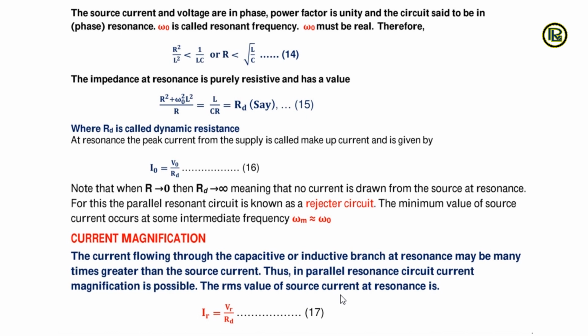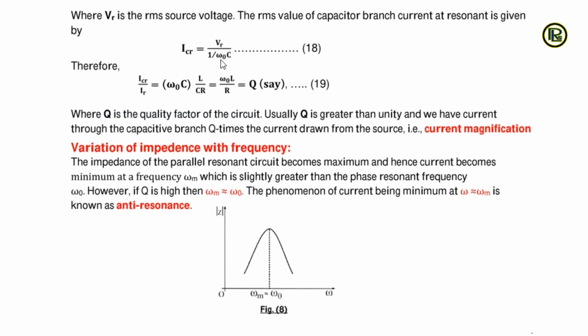The RMS value of capacitor branch current at resonance is given by ICR equal to VR upon 1 by omega naught C. Therefore, ICR by IR, that is the current in the capacitor branch upon the source current at resonance, is equal to Q, the quality factor of the circuit. Usually Q is greater than unity, and therefore we have current through the capacitor branch Q times the current drawn from the source, that is, we get a current magnification.